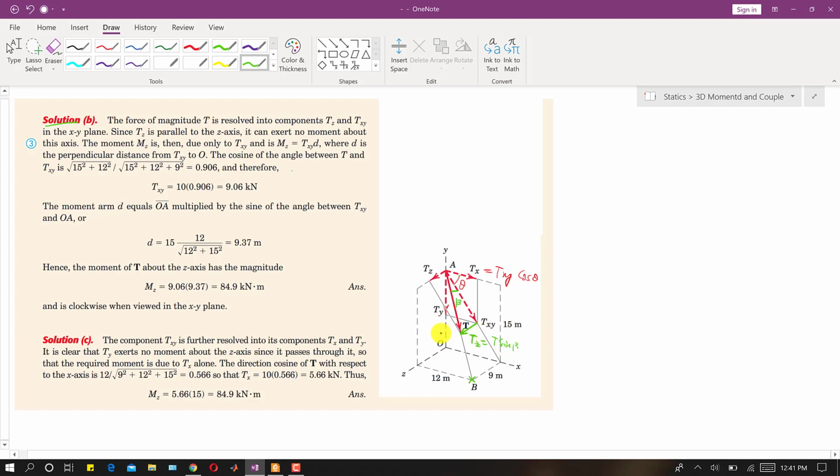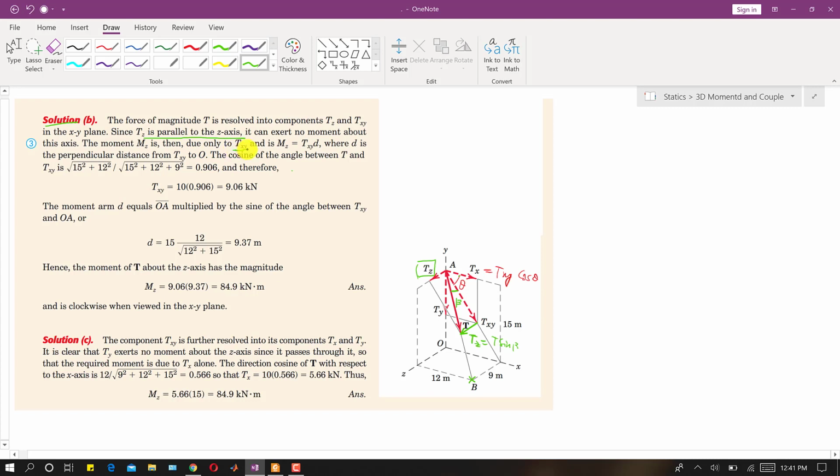Now as we can see, if we want to find the moment about z, this Tz is parallel to the z-axis, so it will never produce a moment about z. Since Tz is parallel to the axis, it can exert no moment about this axis. So the moment about z is due only to Txy.